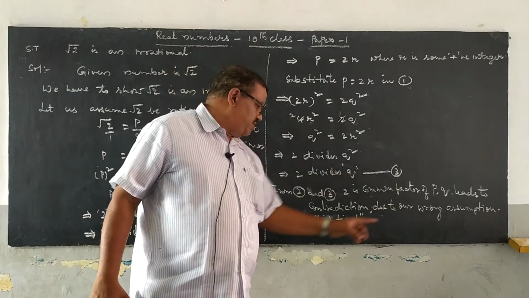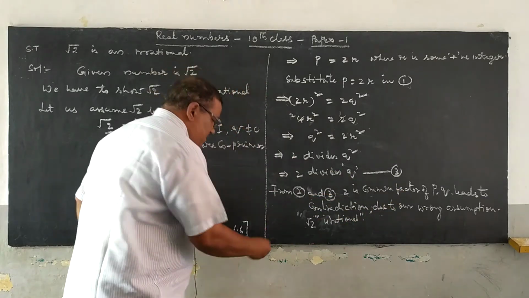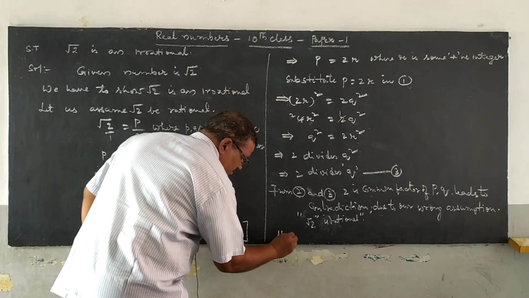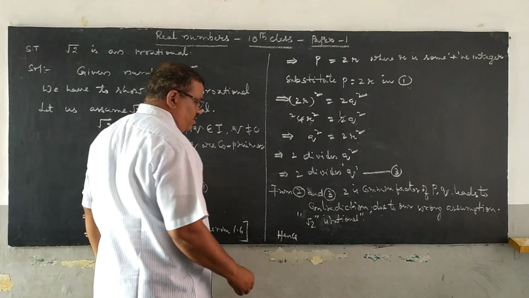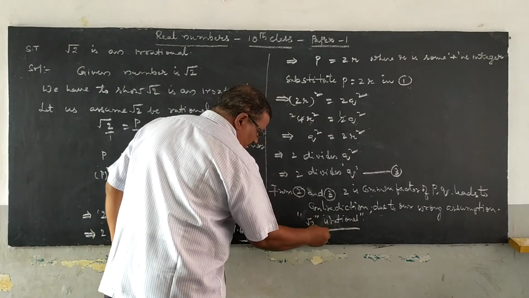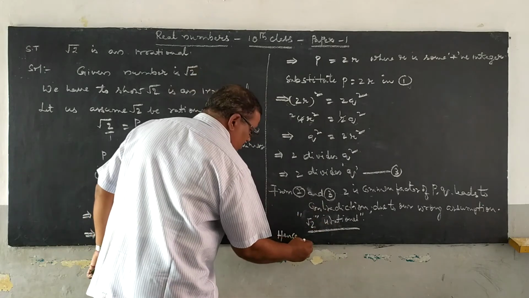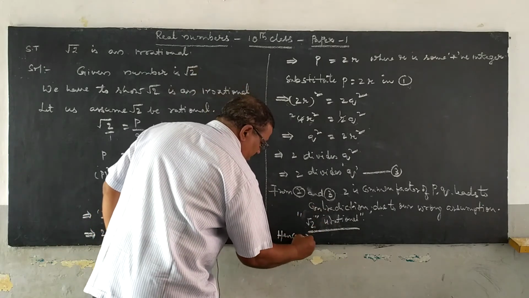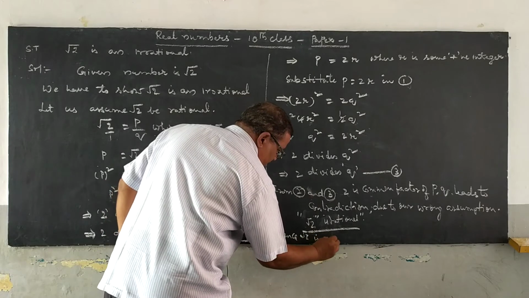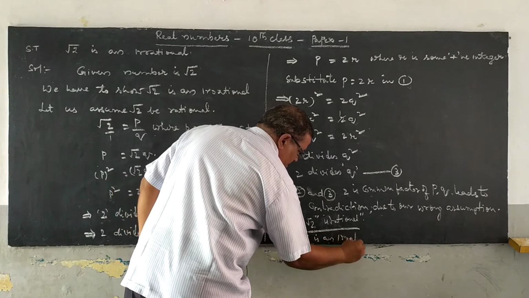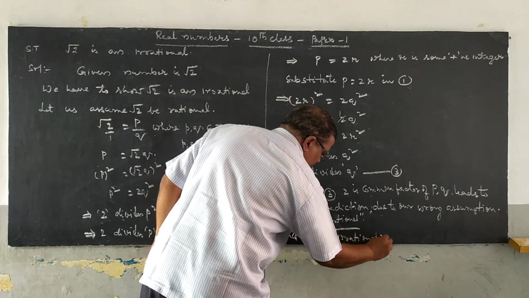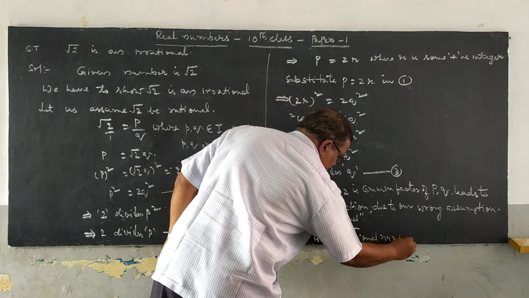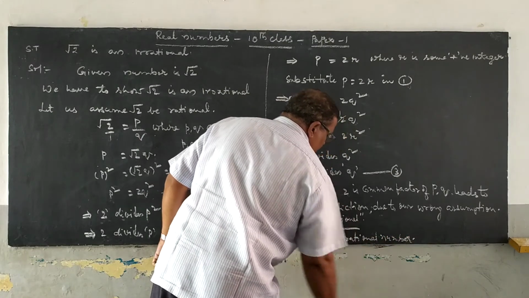Due to our wrong assumption that root 2 is rational. Hence, root 2 is an irrational number. Hence proved.